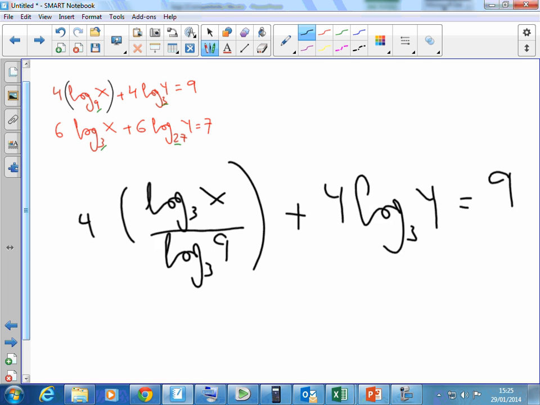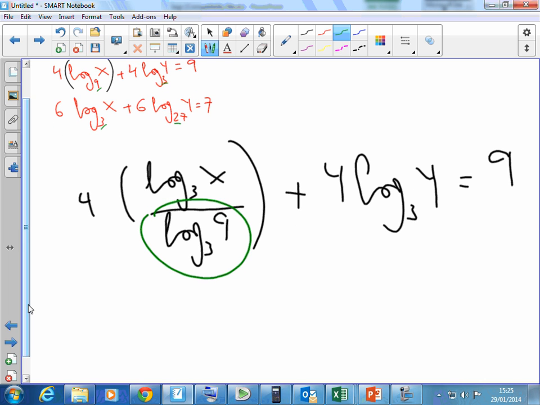Now, this bottom part of my fraction is not an algebraic expression, it is a number. What number does this become? 2.